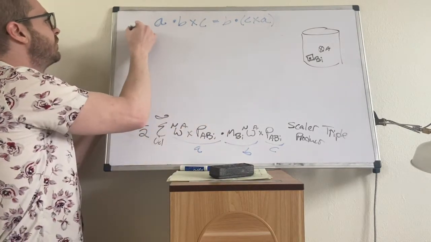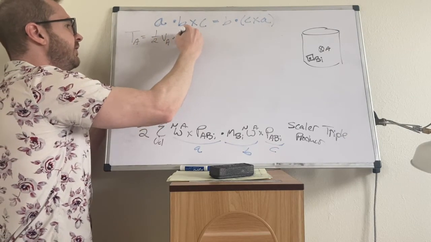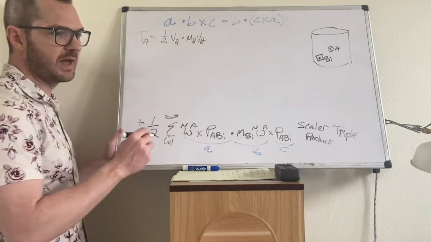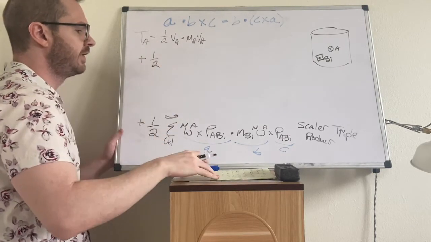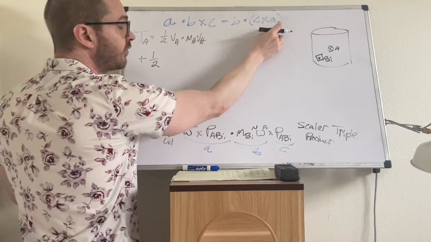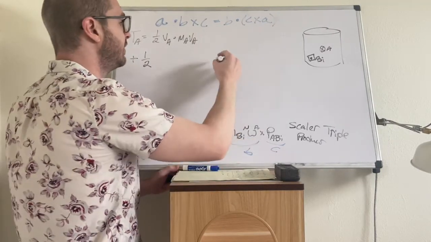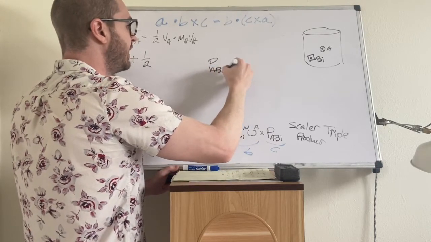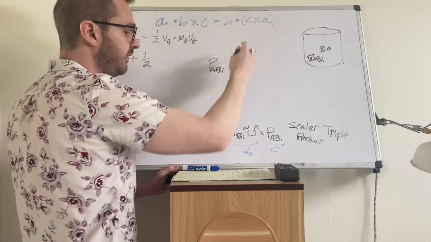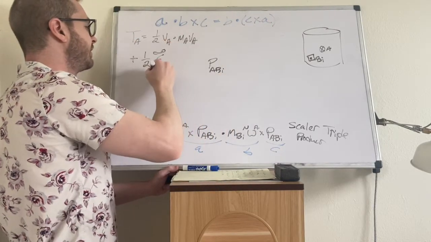So I'm going to move this one up here. T_A is 1/2 V_A dot M_A V_A. And the second term is plus 1/2. I'm going to do the C cross A part first. So let's take our C, which is P_ABi, and we're going to do C cross A. We need to have our infinite summation out here.